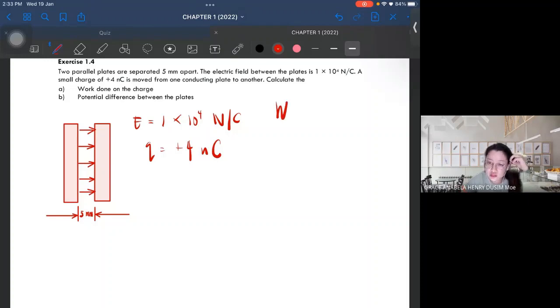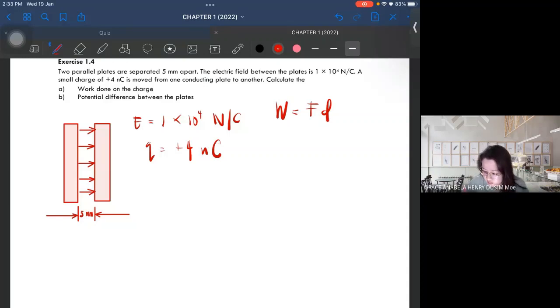So work done is equal to, for a uniform electric field. Remember, for parallel plates, the electric field will be uniform. So we can use the formula: work done equals force times the separation.